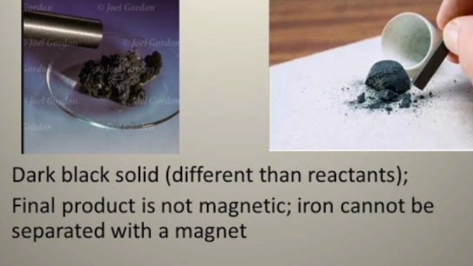You can see in the picture a dark black solid that is different from the reactants. Reactants are the iron and sulfur. When iron and sulfur are heated, they combine to produce a new compound in the black mass, and as a result the final product is not magnetic. Iron cannot be separated with a magnet because a new compound is formed in the form of iron sulfide.